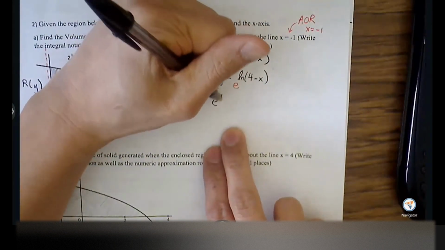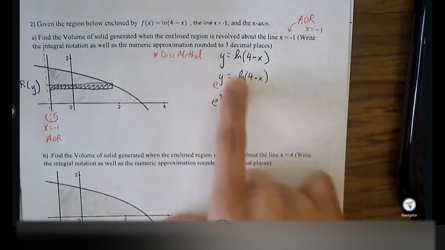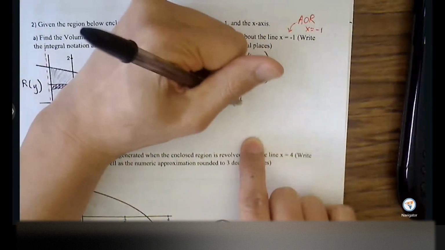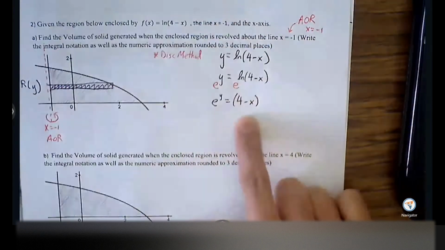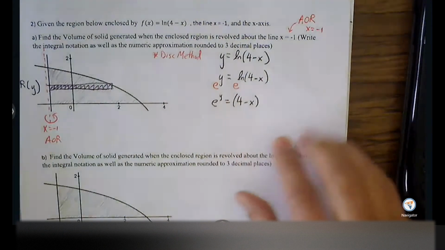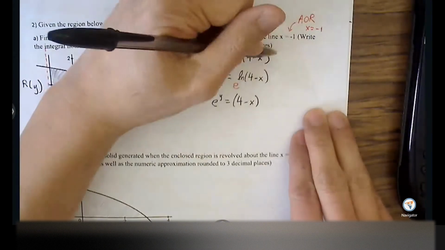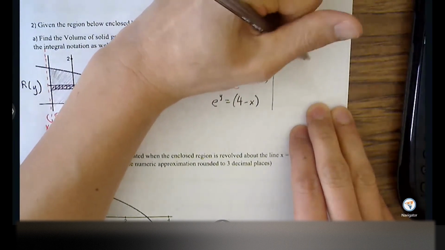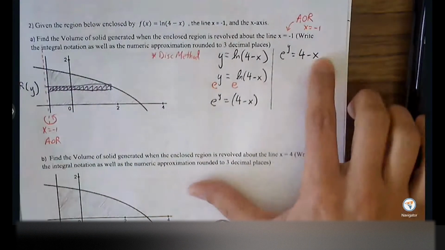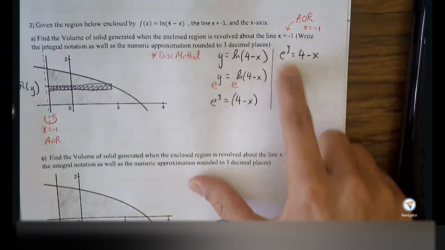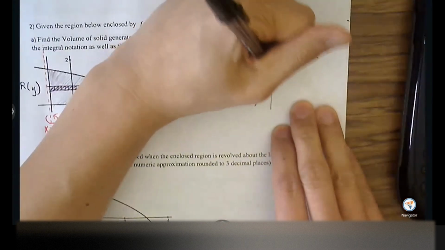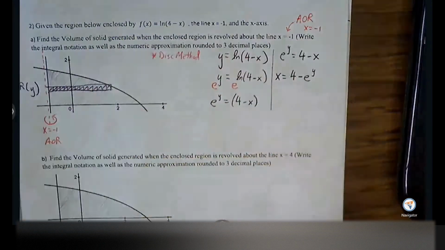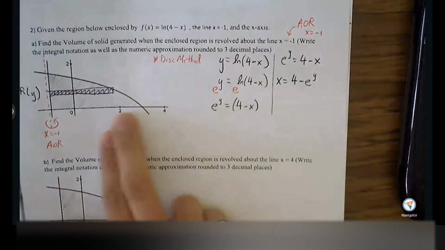So e to the y, e to the ln is just going to undo each other. The 4 minus x is going to drop. I should drop the parentheses too. So I have e to the y is equal to 4 minus x. If I just rearrange it, solve for x, add x to this side, subtract e to the y to the other side. All right, so that's my updated equation here.